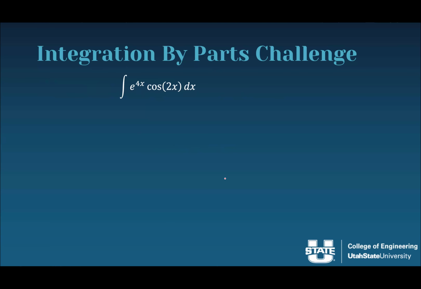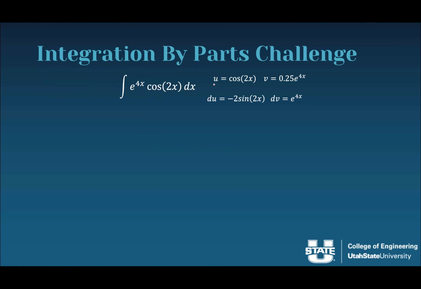Okay, so with this one, if you remember back to our LIPET thing, our exponentials are last, because as we take derivatives of exponentials, there's a constant that's multiplied, but it basically stays the same. So we don't want to set those as our u.